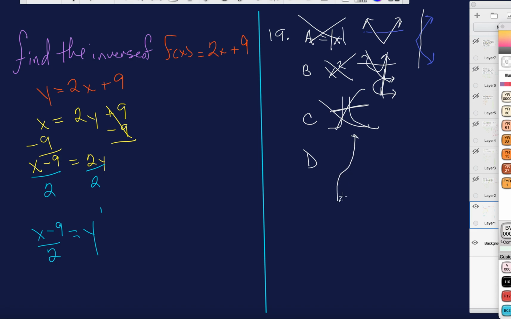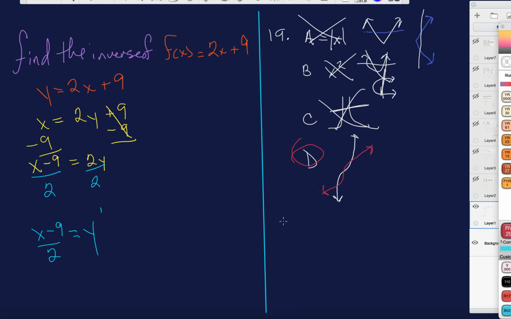We know that cubic functions have an inverse about the origin, and they look like this. That is the only one that works. Letter D is the way to go.